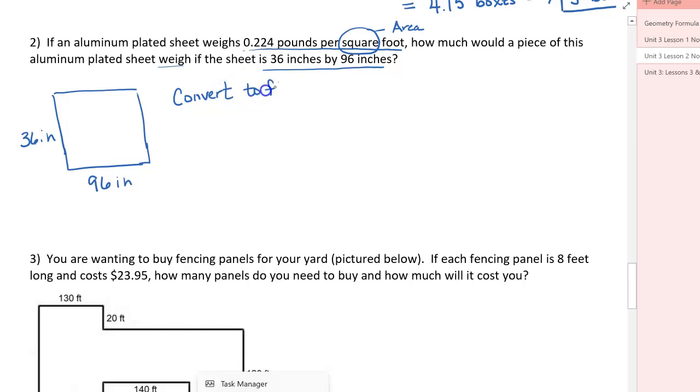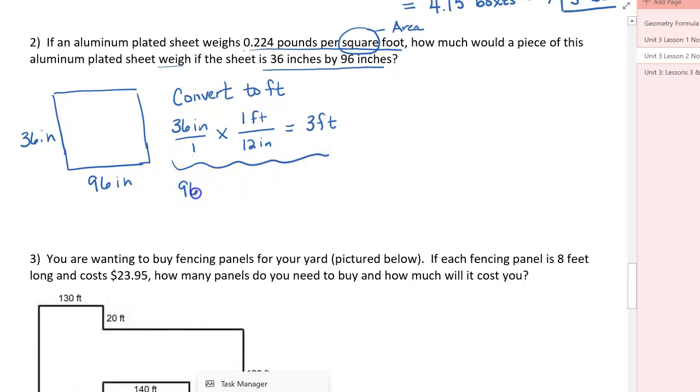to feet. So 36 inches over 1 times, and there's 12 inches in 1 foot. So 36 divided by 12 would be 3 feet.